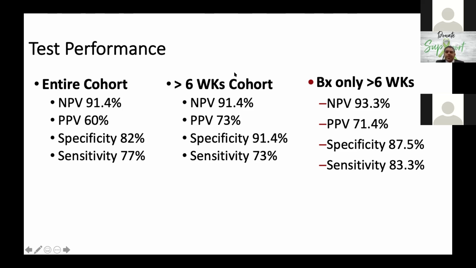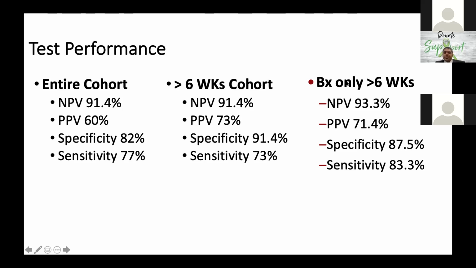Because we know that in the first 6 weeks we have lots of false positive tests, we ran our analysis on the negative predictive value and positive predictive value beyond the 6-week mark, and still the negative predictive value is about 91.4%. The positive predictive value improved a little bit, so beyond the 6 weeks, if the test is positive, there's a 73% chance that we're going to pick up rejection.